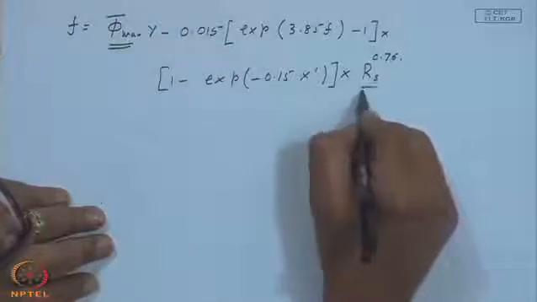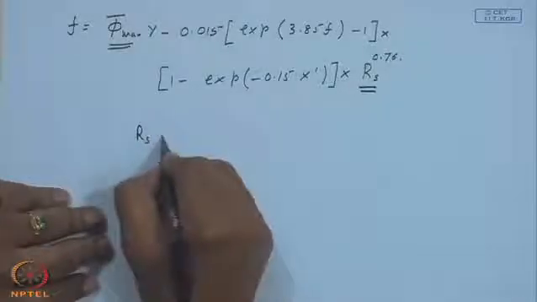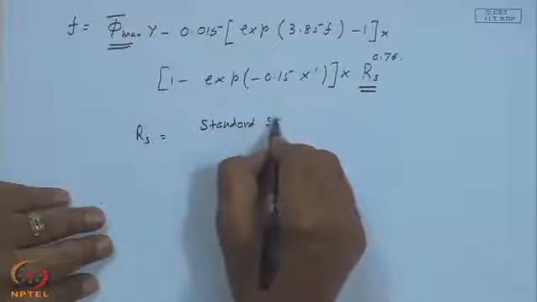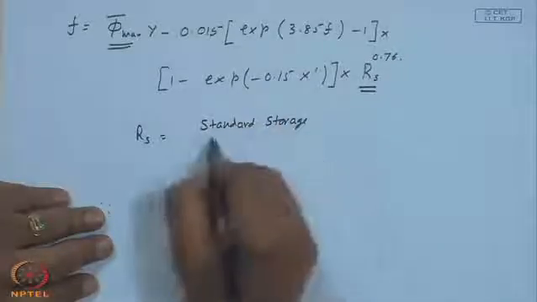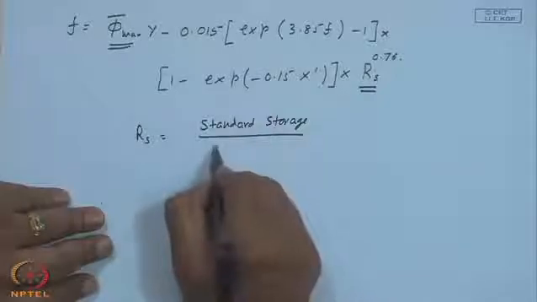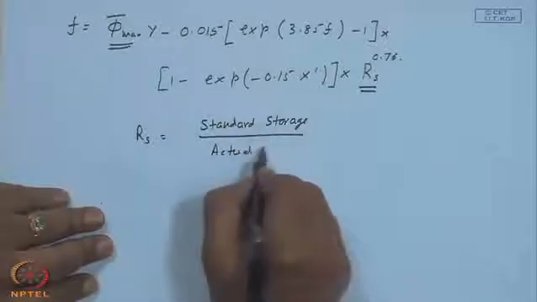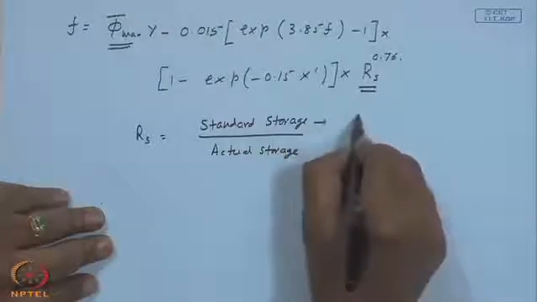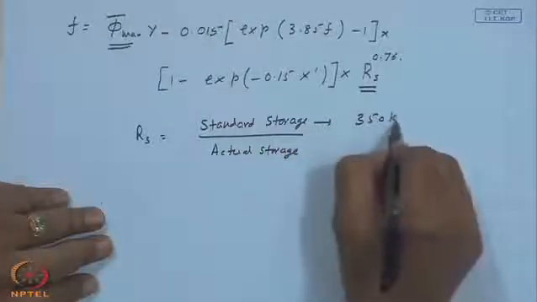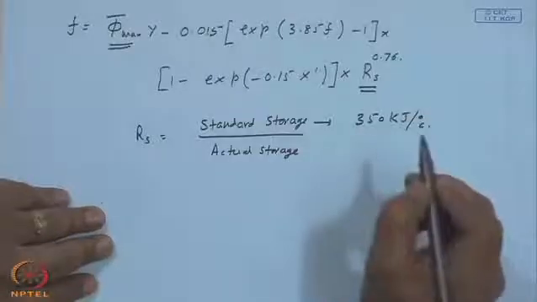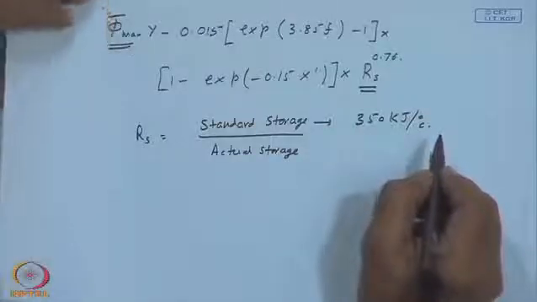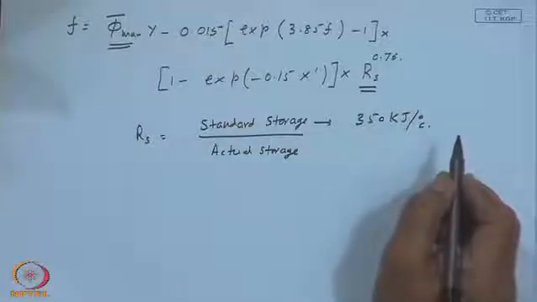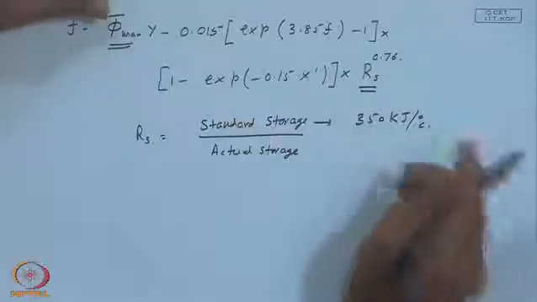And Rs is the ratio of standard storage to actual storage. Standard storage is 350 kilojoules per degree C. This roughly corresponds to 75 liters of water. 75 liters multiplied by the Cp 4.18 comes to about 350.